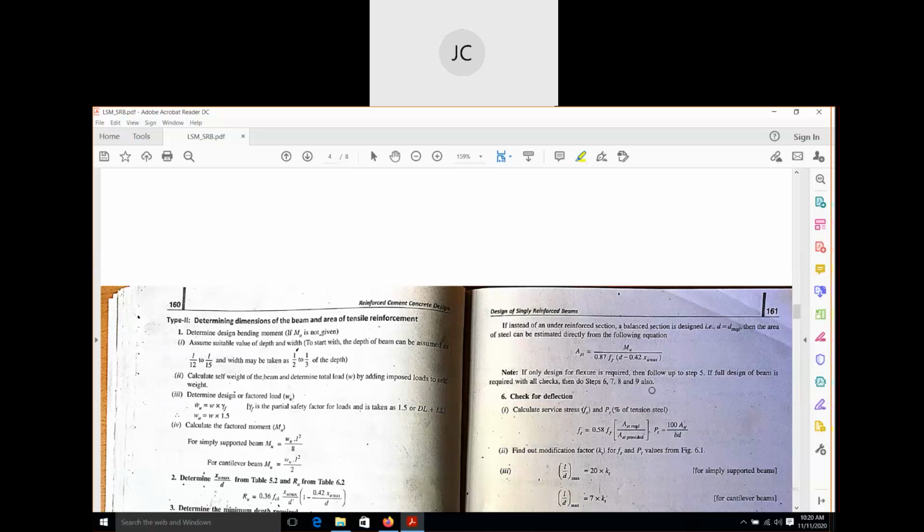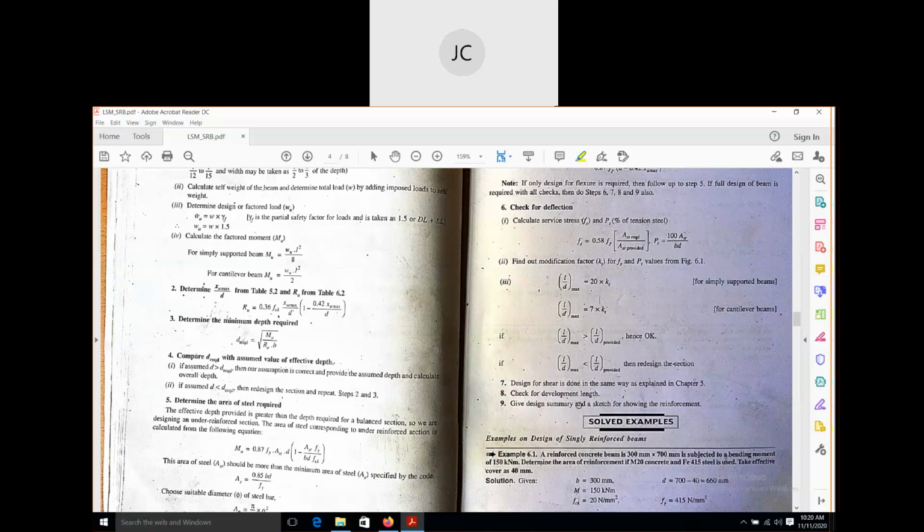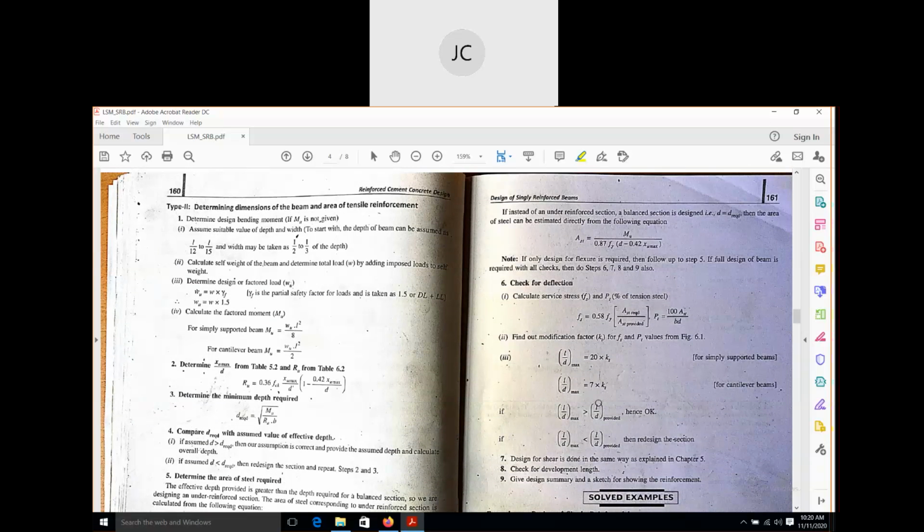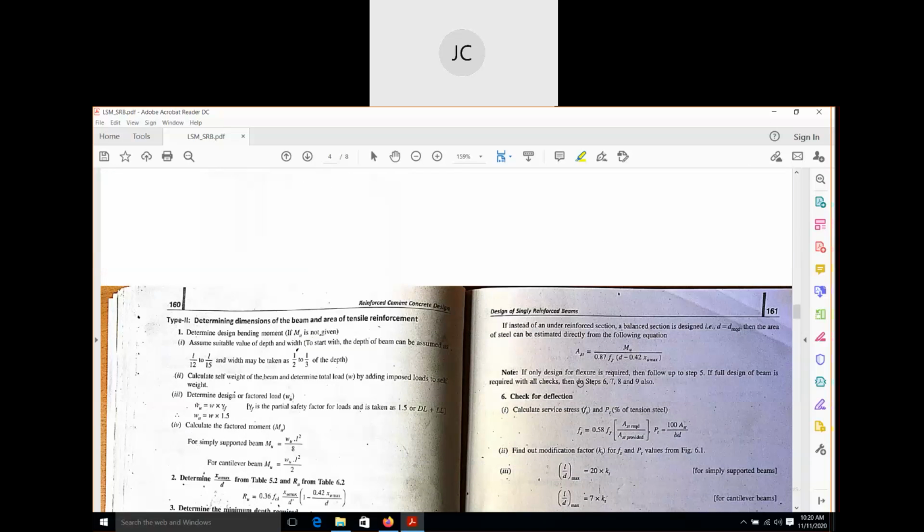That means if you are asked to design the beam with all the necessary checks, you have to first design the beam, then check for deflection, check for shear, and finally give the design summary. Okay, you have to do all the steps. But if it is only said to design the beam and some data are given, then up to this step it will be finished. Up to area of steel you can find out and your answer is complete.